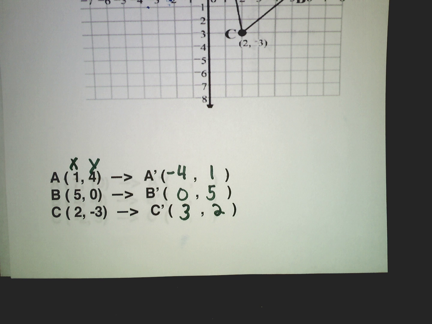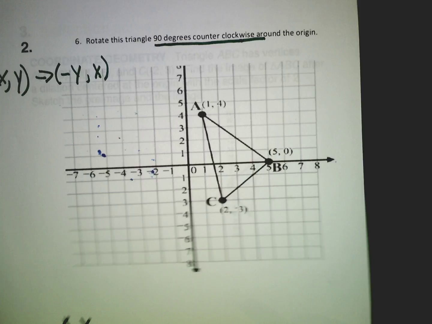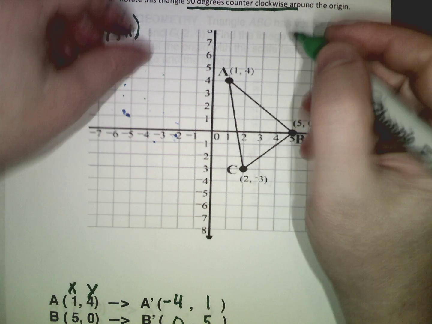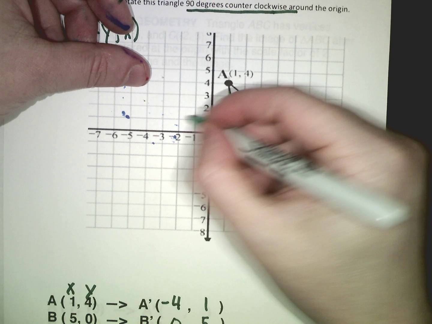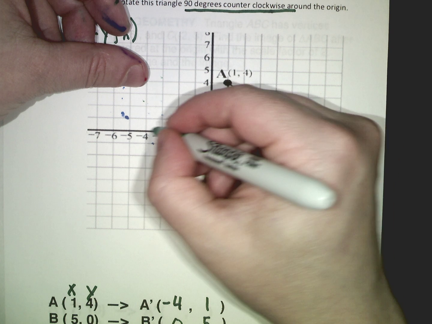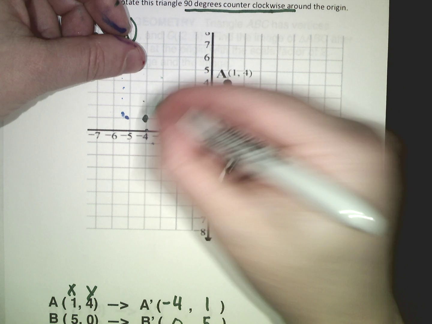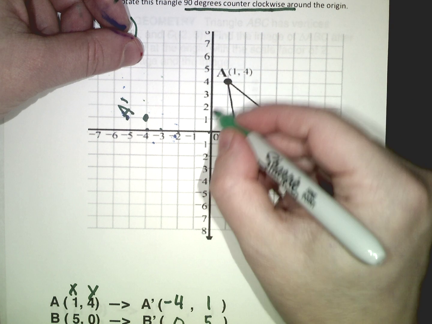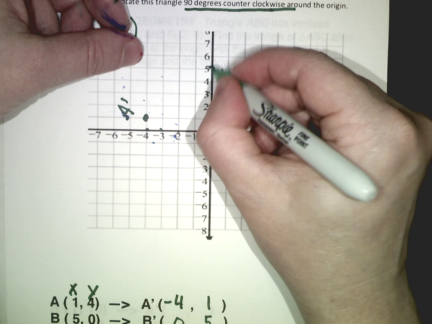So what does this look like? Well, let's look at what A prime, B prime, C prime look like. If I look at it here, A is negative 4, 1, 2, 3, 4, comma 1, our A prime. Our B is 0, comma 1, 2, 3, 4, 5.